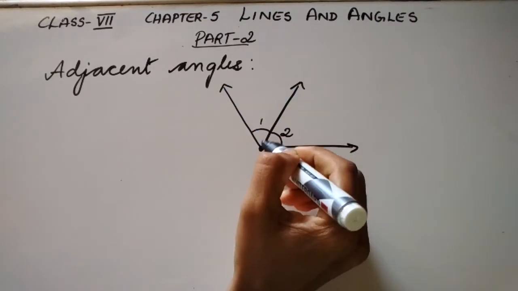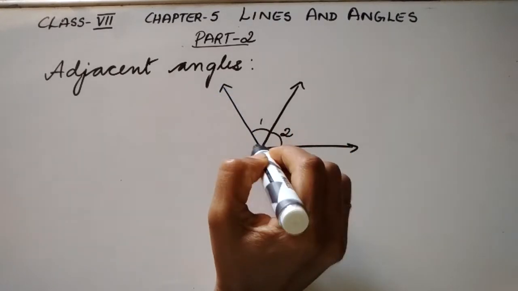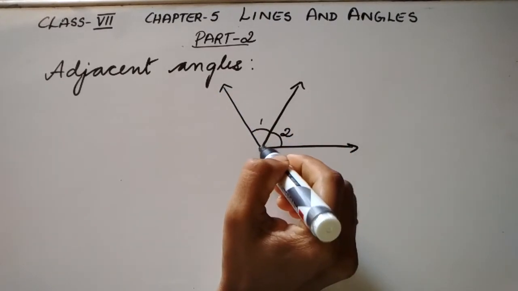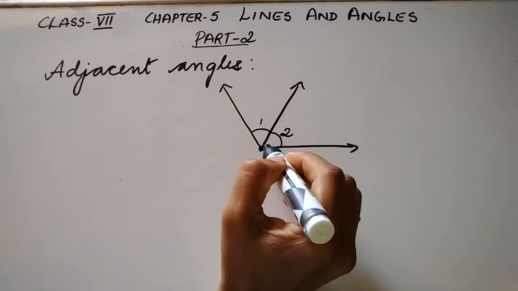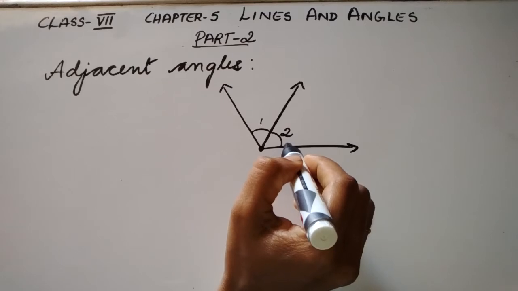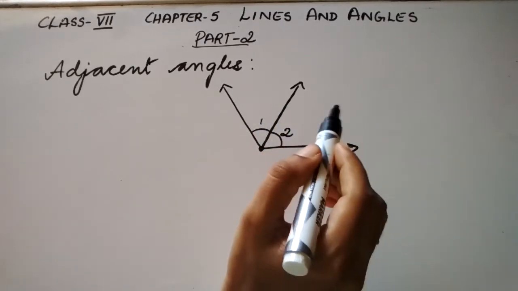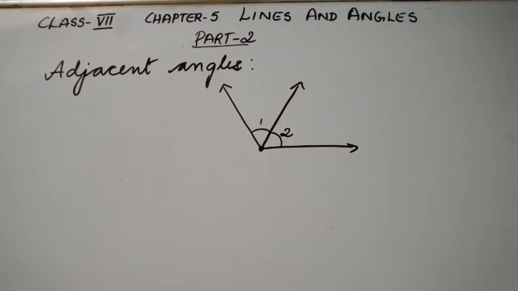But this side is common for both the angles. So these two are the non-common arms, and this one is the common arm. Okay, and the angles are placed next to each other. So such a pair of angles are called adjacent angles.